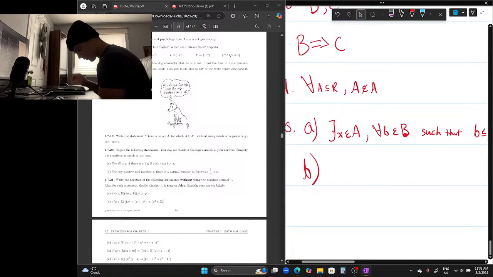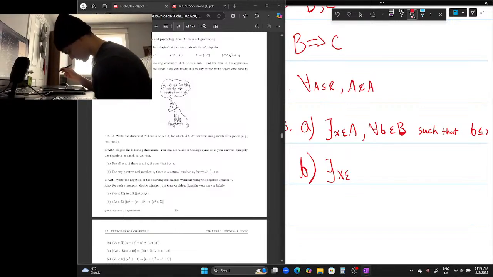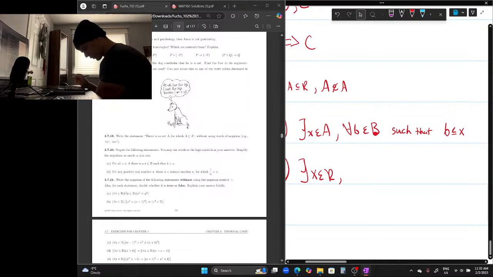For any positive real number x, there is a natural number n for which 1 over n is less than x. So the negation: there exists an x, because I think that'd be for all, x in the set of reals, which you don't have to state.